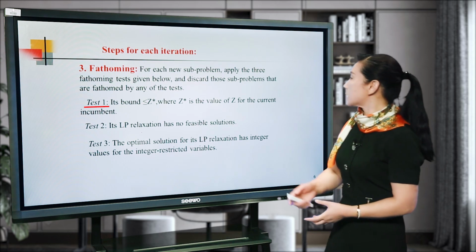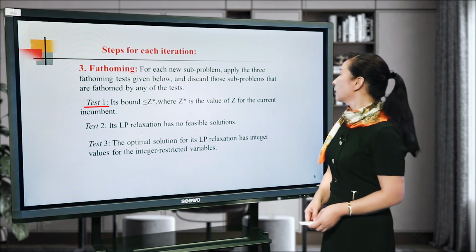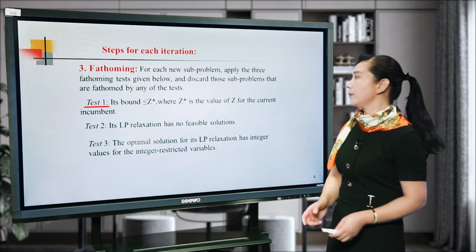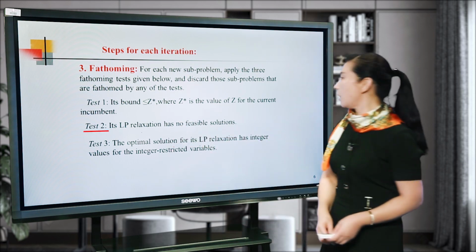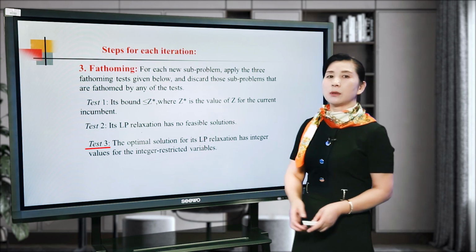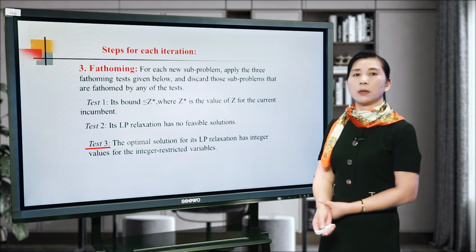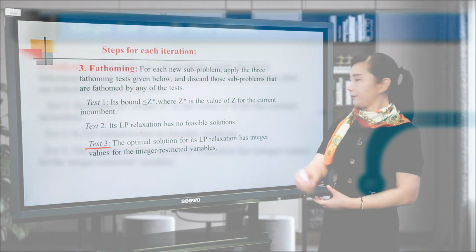Test 1: its bound is less than or equal to Z*, where Z* is the current incumbent problem's optimum value. Test 2: the LP relaxation has no feasible solution. Test 3: the optimum solution for its LP relaxation has integer values for the integer restricted variables.